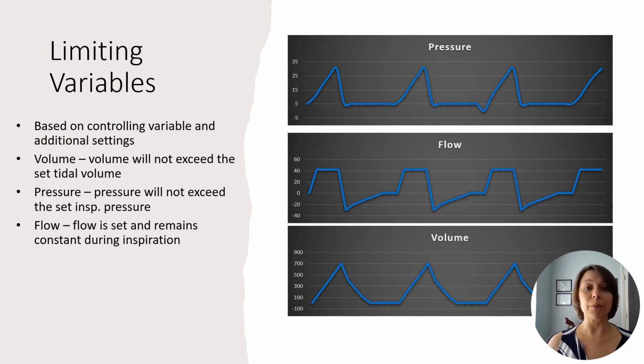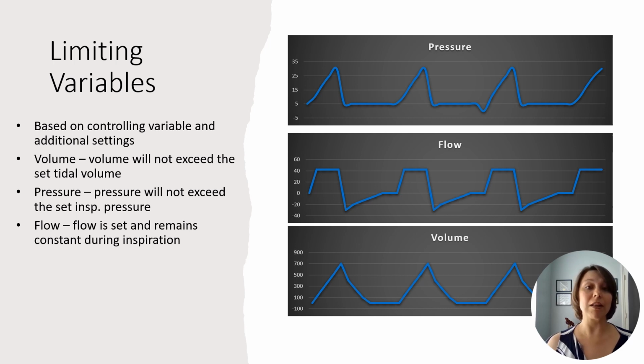Limiting variables are really based more on our controlling variables and then some additional settings. Typically, when we're talking about limiting variables, we're talking about either pressure or volume, because we typically want to do pressure-controlled ventilation or volume-controlled ventilation.